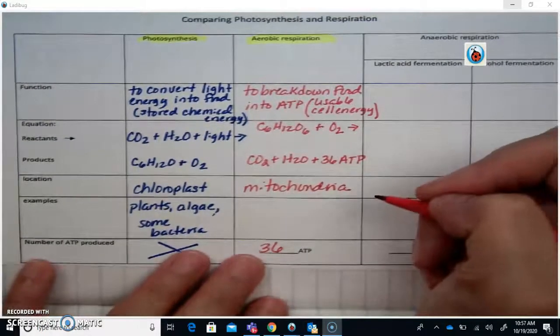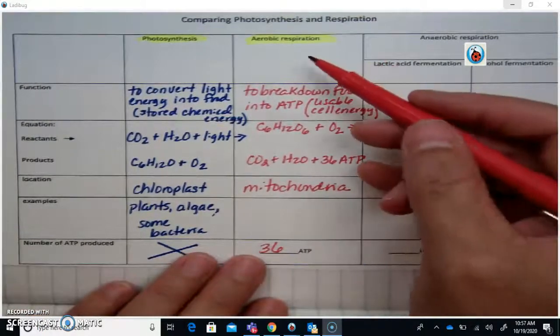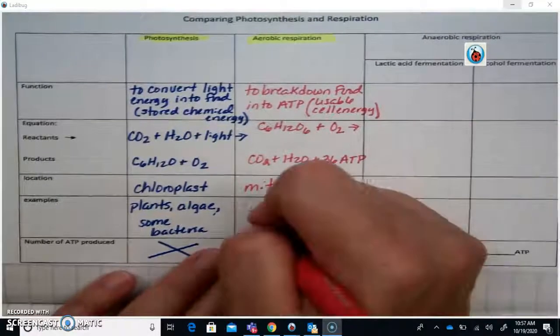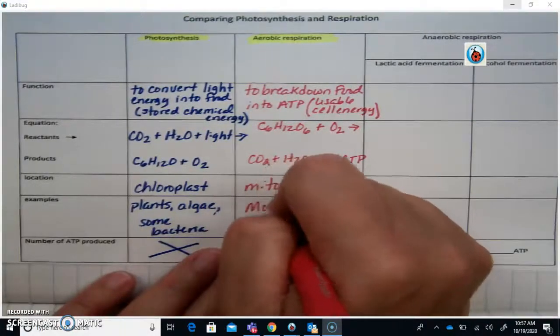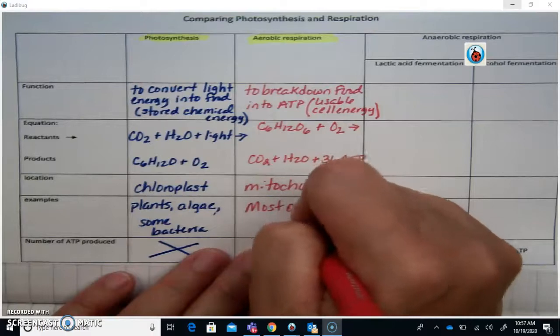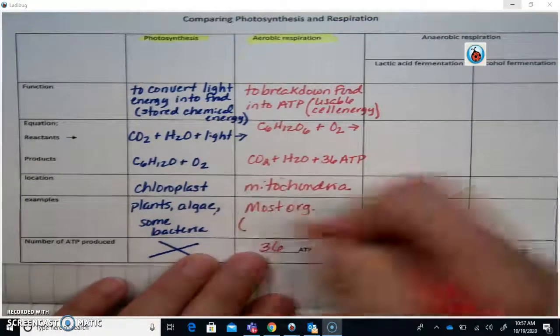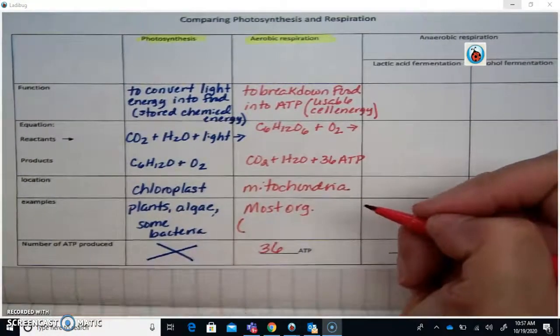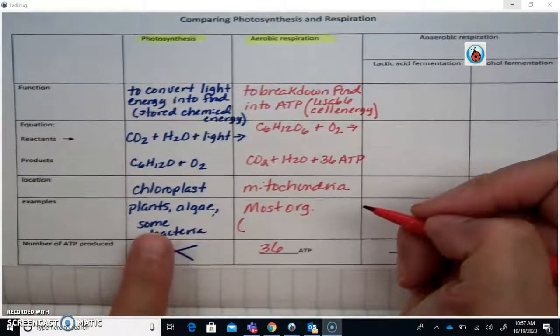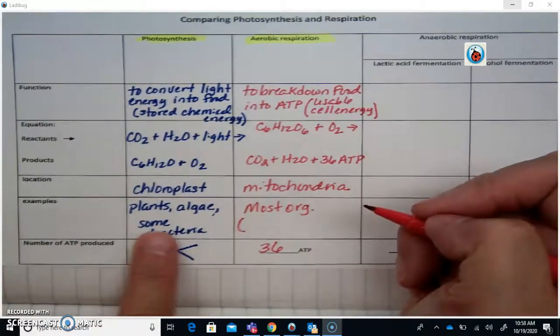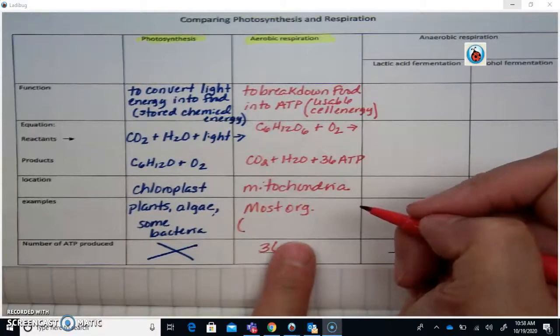Some examples of organisms that undergo aerobic respiration, actually most organisms, including plants. So I want to make sure that you understand that plants undergo photosynthesis. That's how they make their food, but they have to break it down to get usable cell energy, ATP.